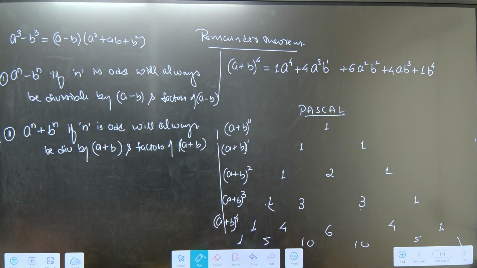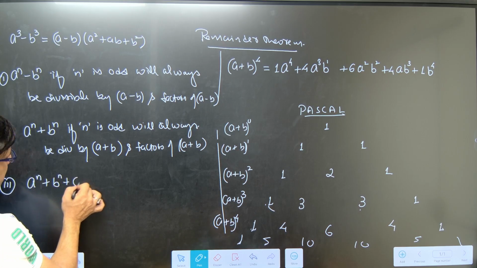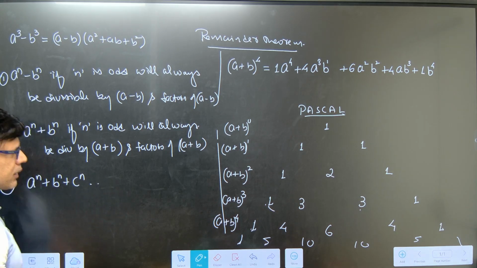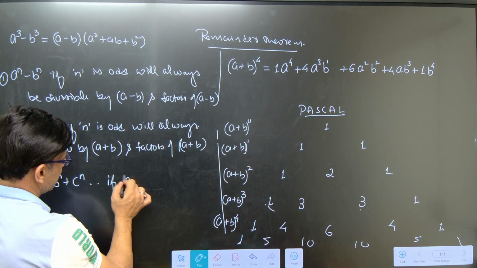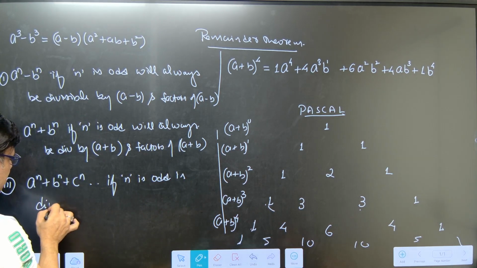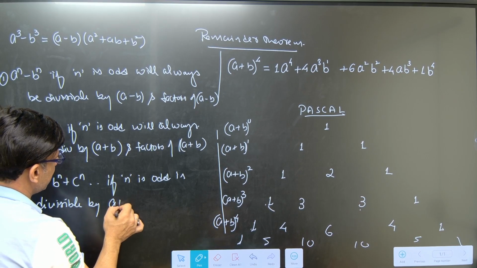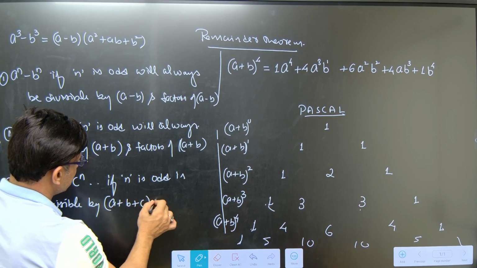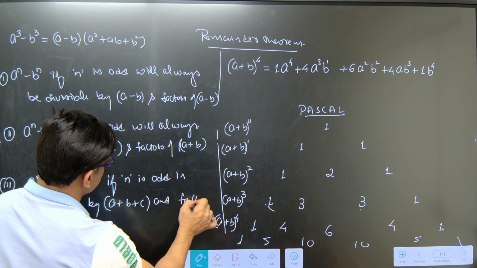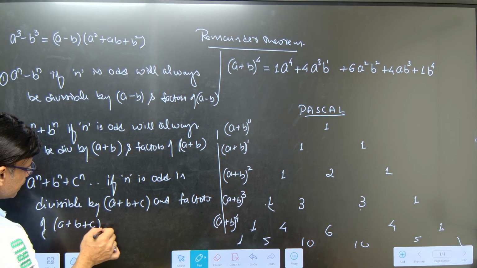This second formula can be extended for more values. A raised to the power n plus b raised to the power n plus c raised to the power n and so on, right? Can be extended if n is odd. It is divisible by a plus b plus c and factors of a plus b plus c and so on.